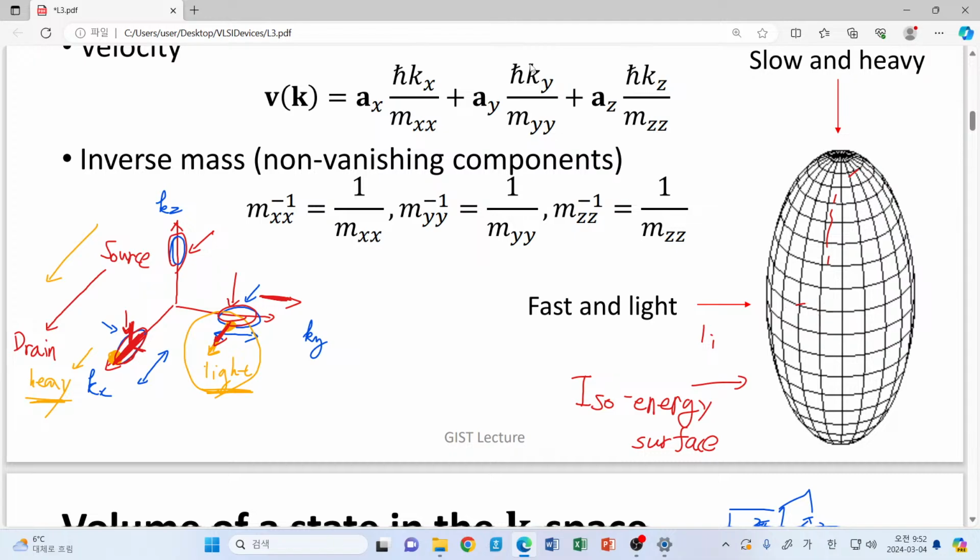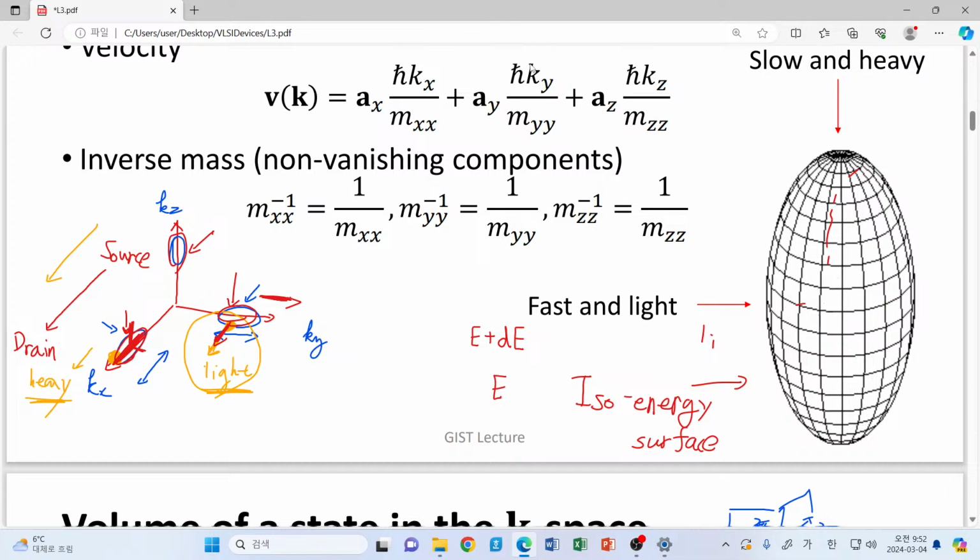Then, instead of this energy E, now we consider E plus dE, slightly higher energy.